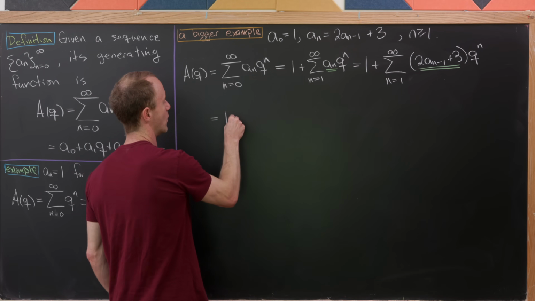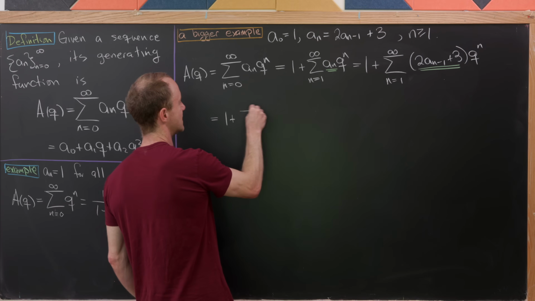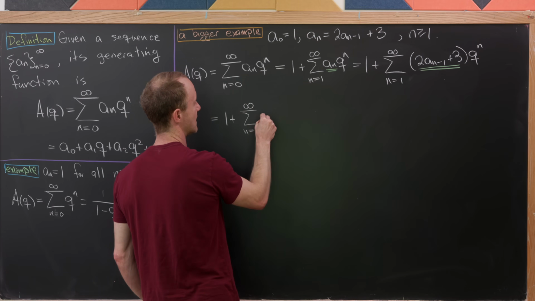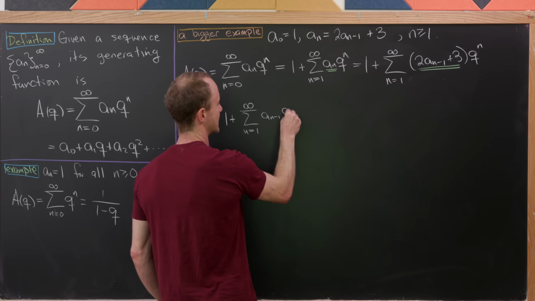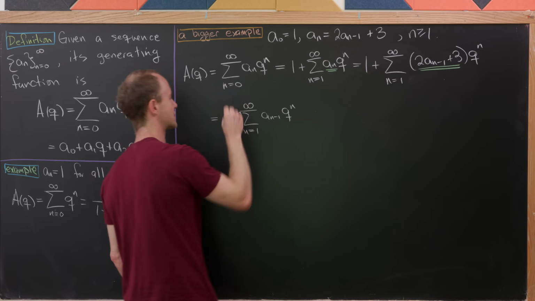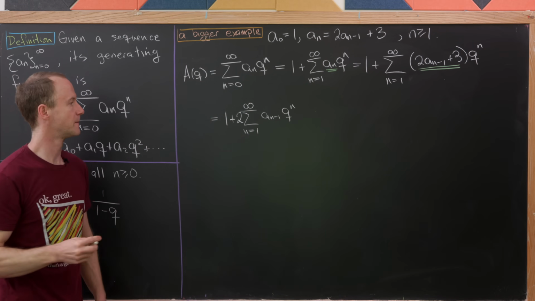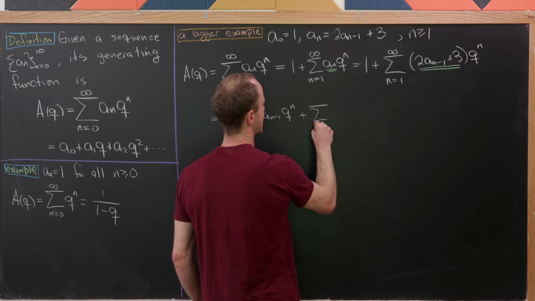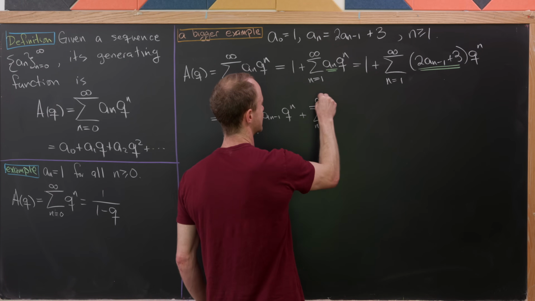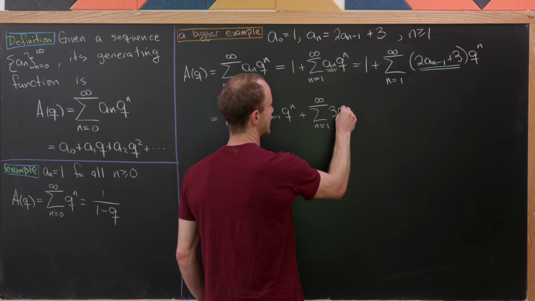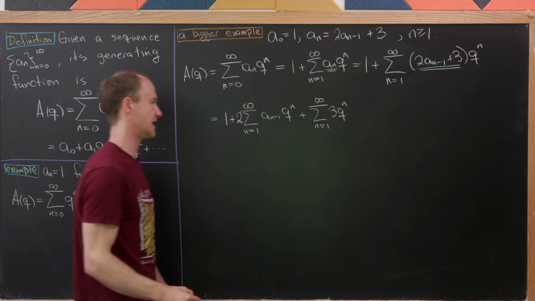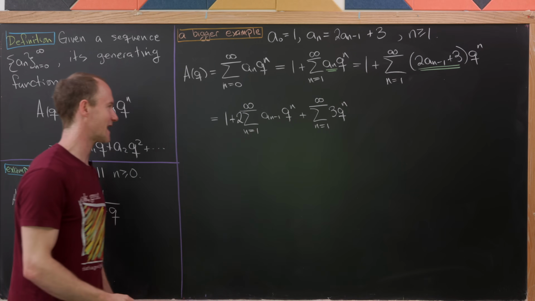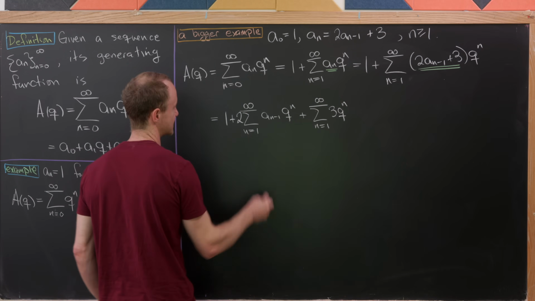So we're going to have 1 plus the sum as n goes from 1 to infinity of a sub n minus 1 times q to the n. I'm going to factor that 2 out. And then we're going to have plus the sum as n goes from 1 to infinity of 3 times q to the n.